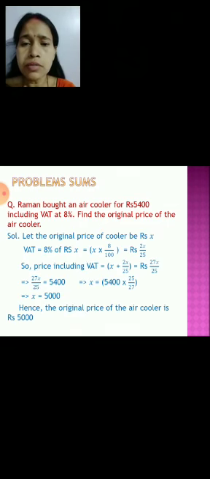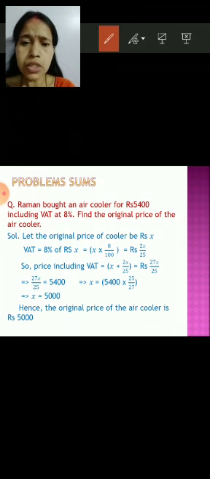So here let the original price of the cooler be X because we don't know the price. VAT is 8%, so 8% of X will give you 2X by 25. So the price including VAT will be X plus 2X by 25, which gives you 27X by 25.